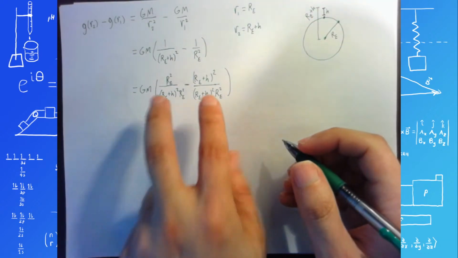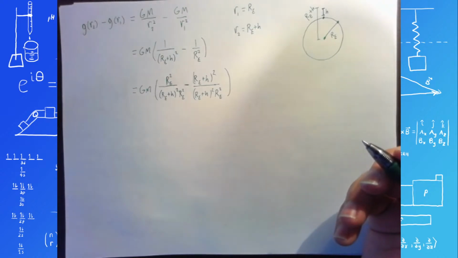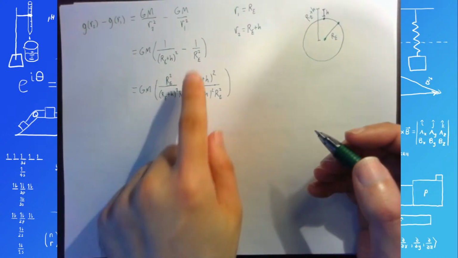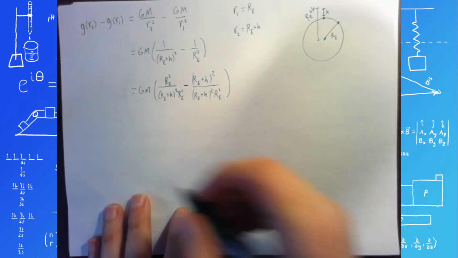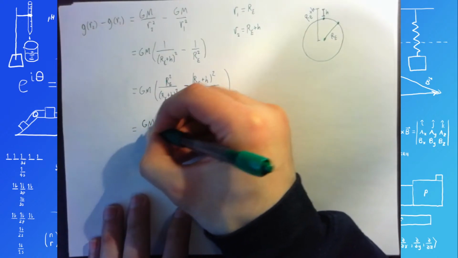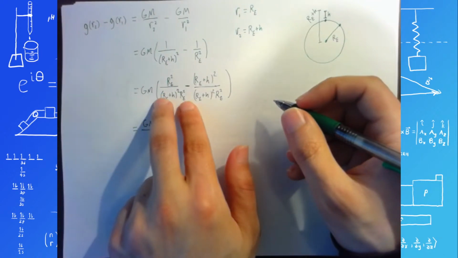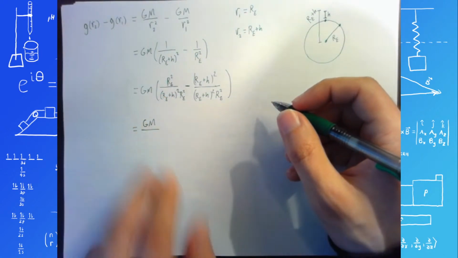Okay, now these are like fractions. They have a common denominator, so I can subtract directly. Let's go ahead and FOIL the top. So I get big G, big M, over, I'm just going to bring this denominator, I'm going to factor it out.